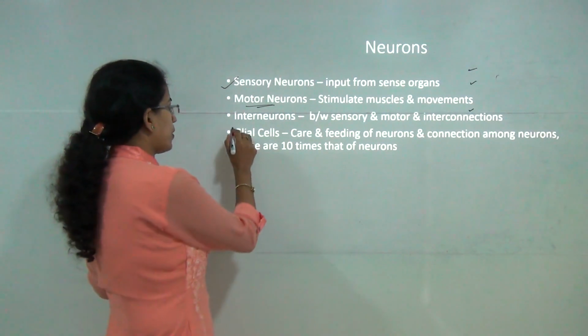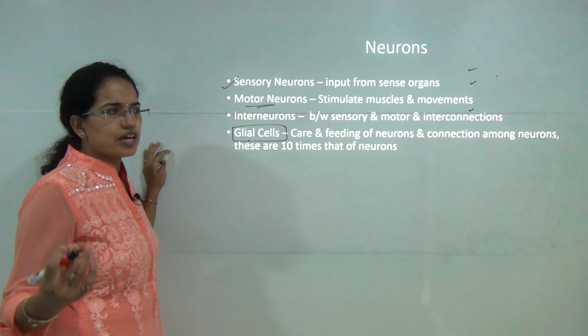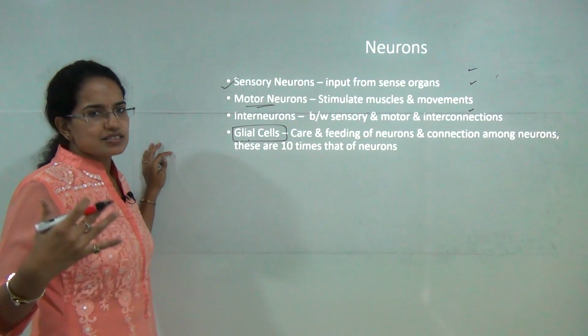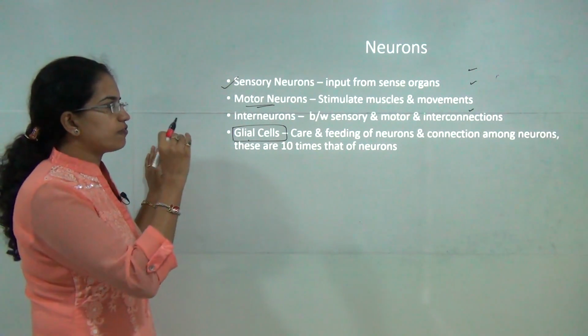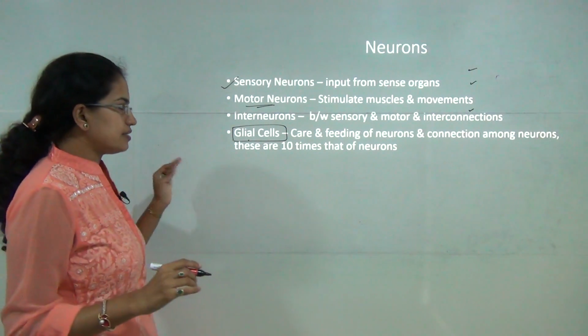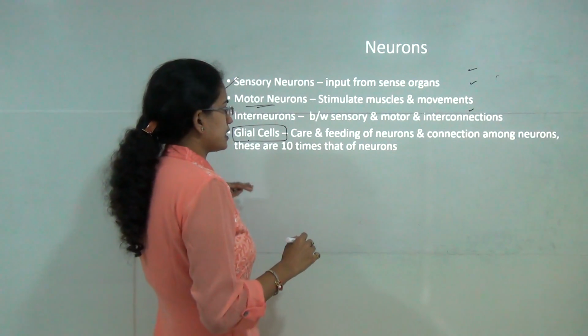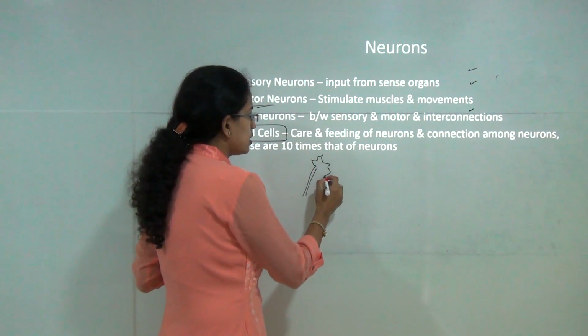Finally, the most important of those is the glial cells, and this is where questions are asked off and on. Now, these glial cells take care of neurons, as it was believed for long that glial cells are responsible for feeding the main neuron structures.